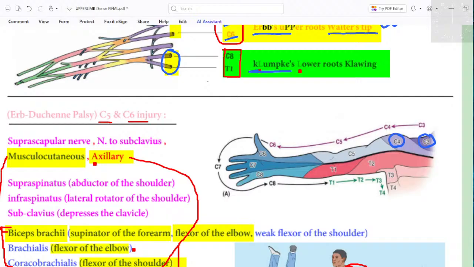Then the anterolateral aspect of the arm, C5, up to the elbow and the upper part of the forearm. This is C5, an important one. Then lower, up to the lateral half of the index finger, C6. Again, C7 is very powerful. He likes to be in the middle, C7.